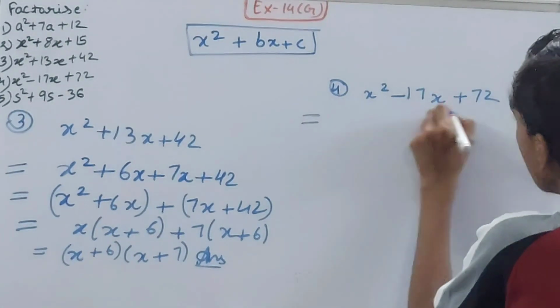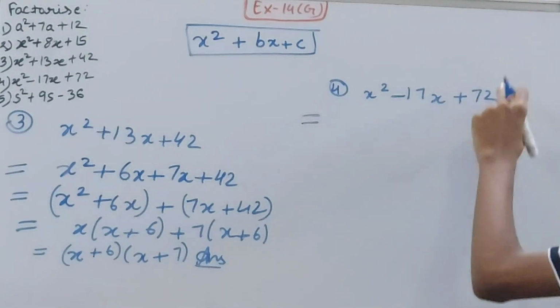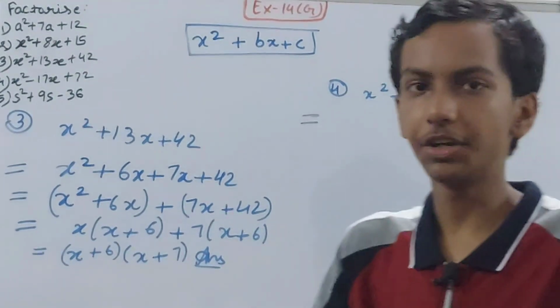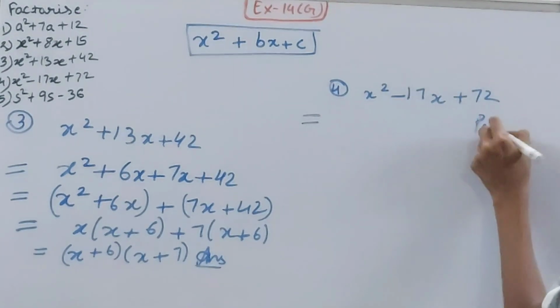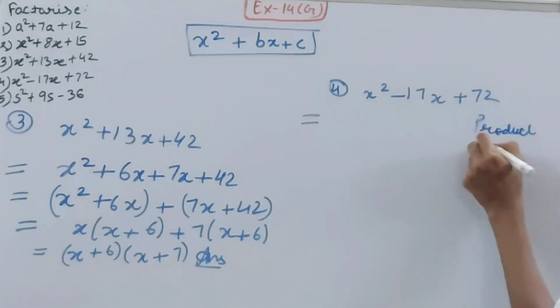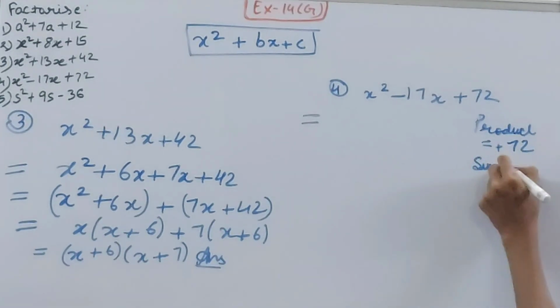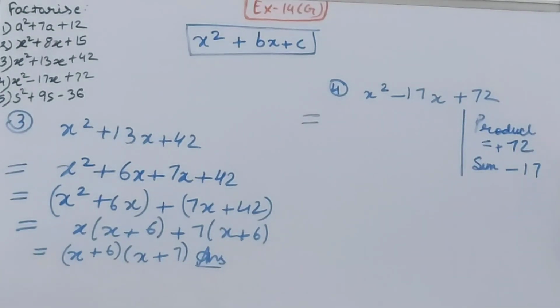First of all, see, you have minus 17x, which you have to split in such a way that you have the product of the term as plus 72. Now see here, the product should be plus 72 and sum should be minus 17. Now see, what can we split it like?